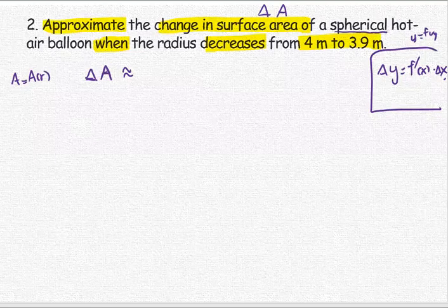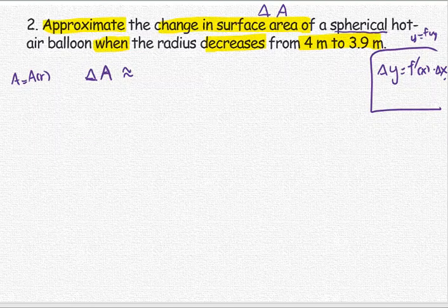So delta A is approximately equal to the rate of change of A, or A prime, multiplied by the change of the independent variable, which is r. We just imitate the pattern we know from the general notation x and y.